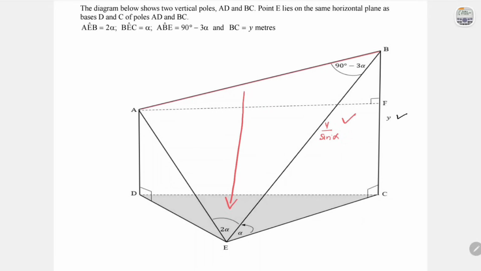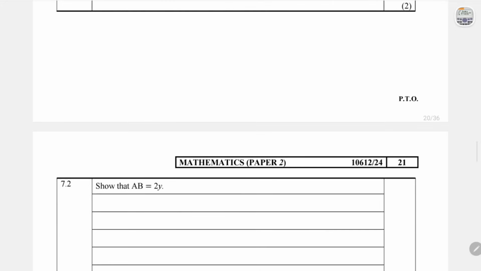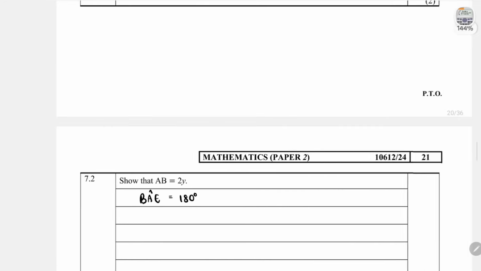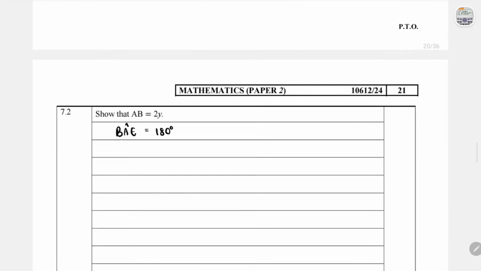That is 2 alpha. Now we need a complete pair, a side expressed in terms of something, and the angle opposite it. So we have BE and we're going to use that angle. We can actually find this angle since we have 2 other angles in this triangle. Angle BAE is equal to 180 degrees minus the other angles, which is 90 minus 3 alpha and 2 alpha.